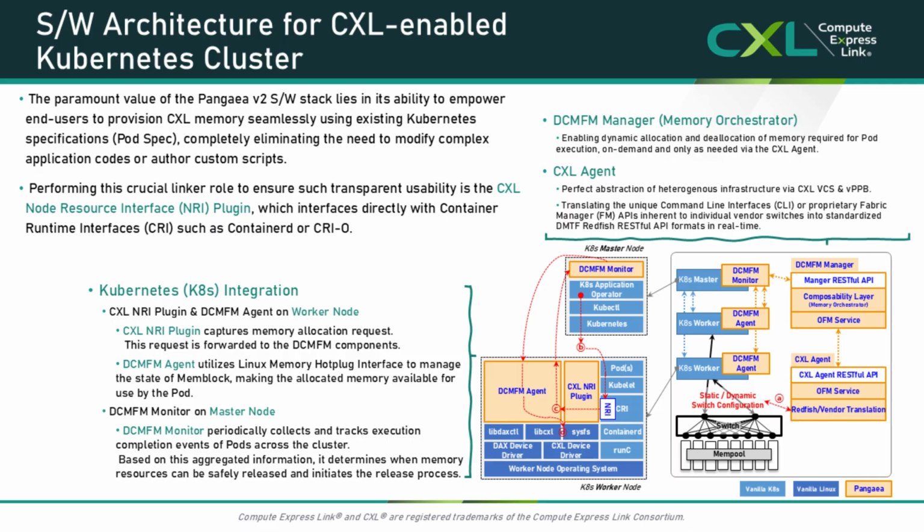Via this hook, the NRI plugin formally requests the allocation of the specified memory capacity from the CXL pool by invoking a RESTful API directly at the worker node DCMFM agent. The DCMFM manager, receiving the request, selects the optimal CXL memory device according to the pre-configured policy.